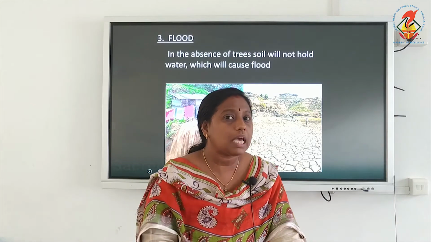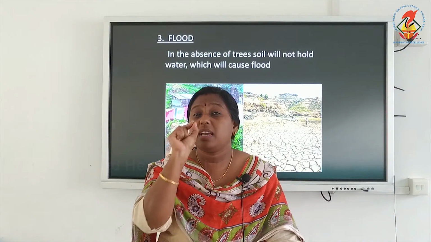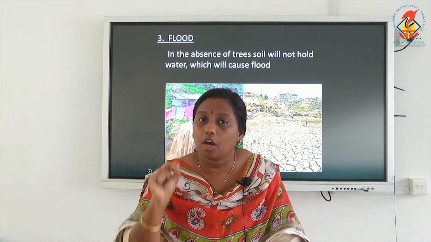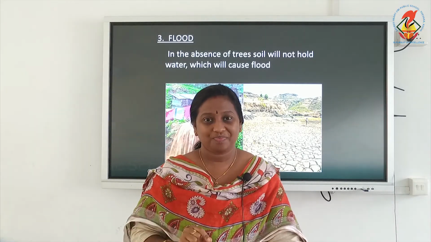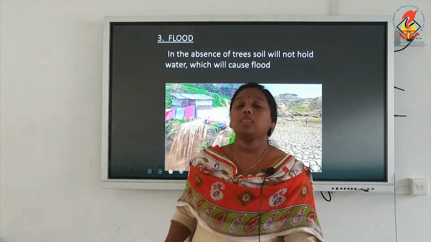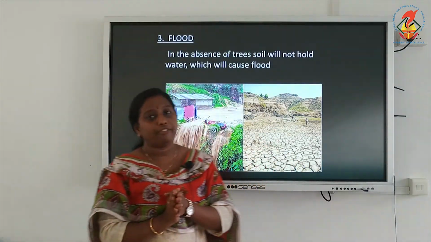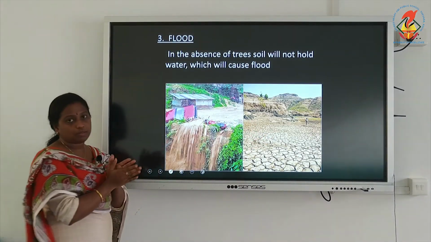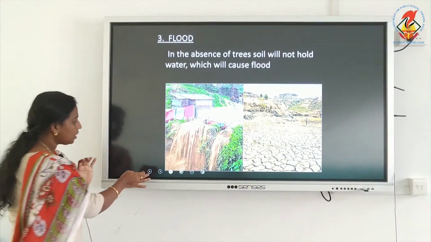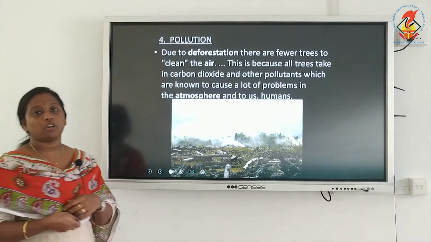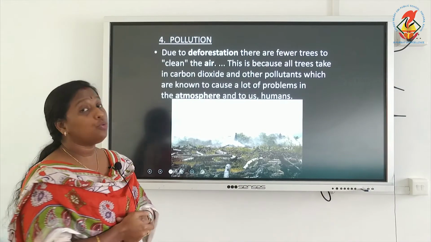When the water cycle is disturbed, there will be less rainfall, and this will directly cause drought. So flood and drought, both are consequences of deforestation. Here I have shown both flood and drought. Hope it is clear.